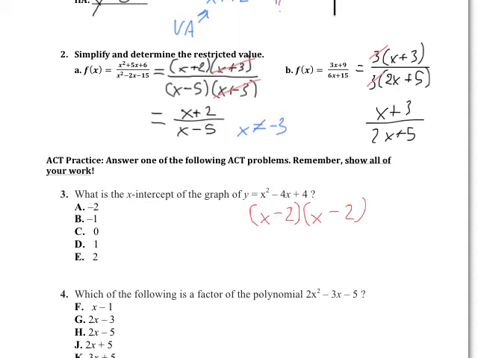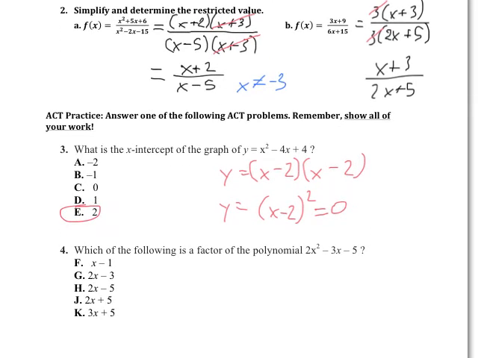The thing about those is that they're exactly the same, which means technically I could rewrite this as a single binomial and just put a little squared on it. And basically that means that that graph has an x-intercept, which is where you set it equal to 0, and we just go what number minus 2 would give you 0. In that case, that's 2. You can go check a graph, you'd see it there too.